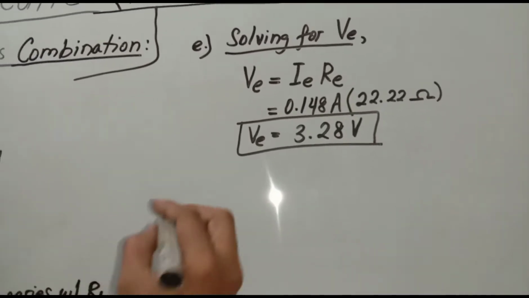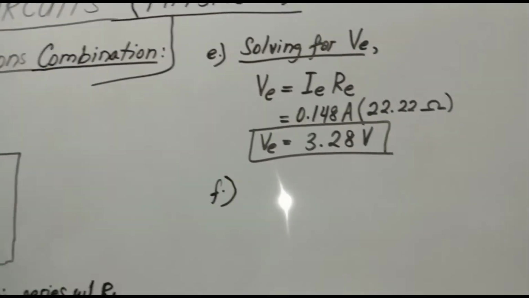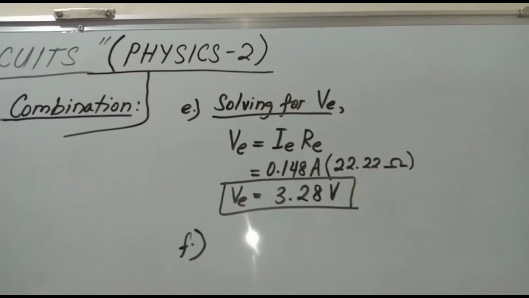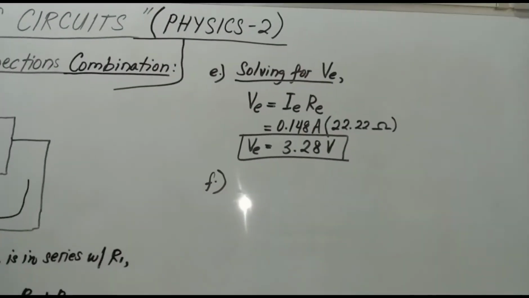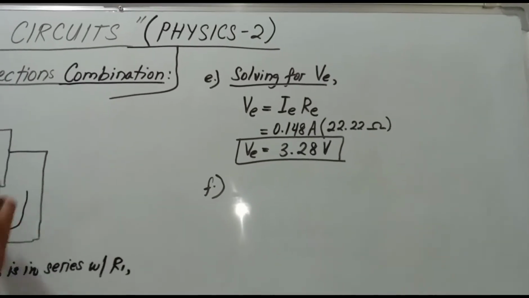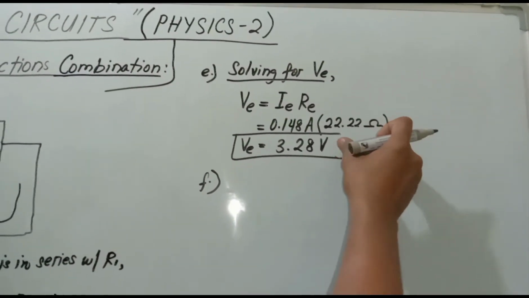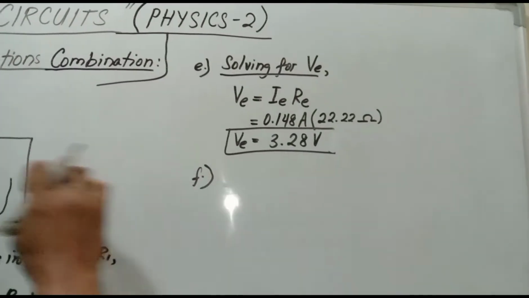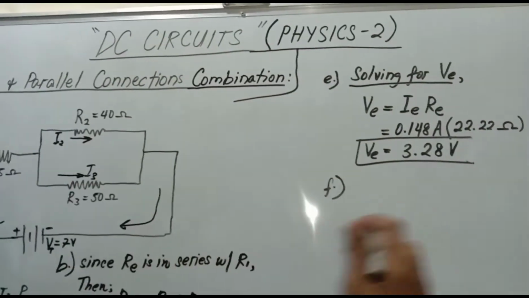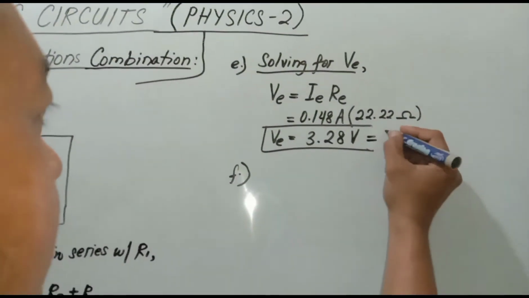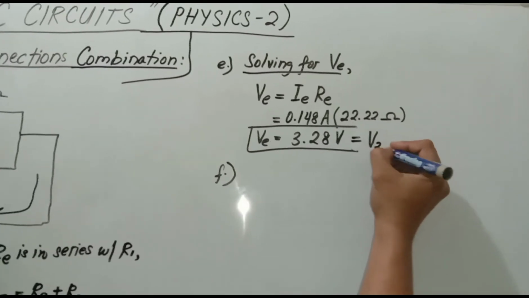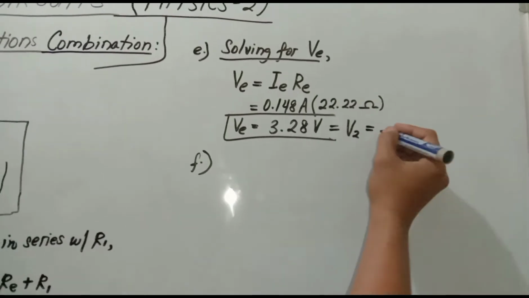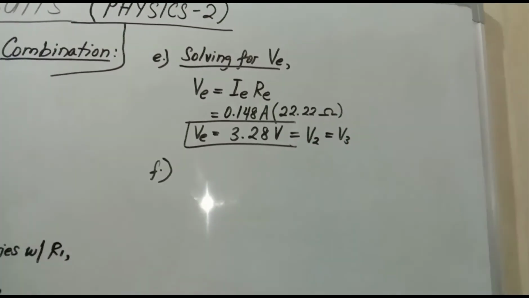Now the next requirement is part F: how much current is flowing across resistor 2, I2? By the way, guys, this voltage drop across the equivalent resistance is also equal to V2, across resistor 2, and also equal to V3, the voltage drop across resistor 3.